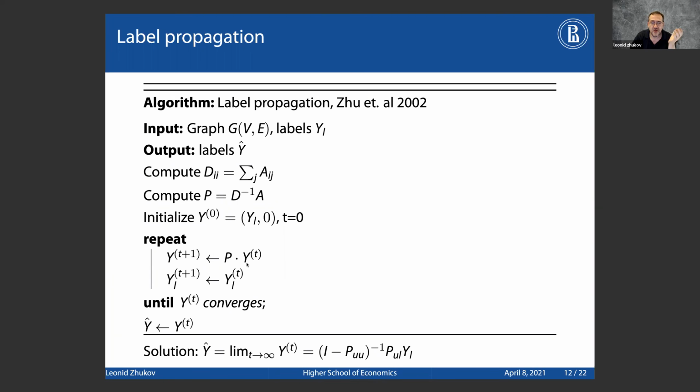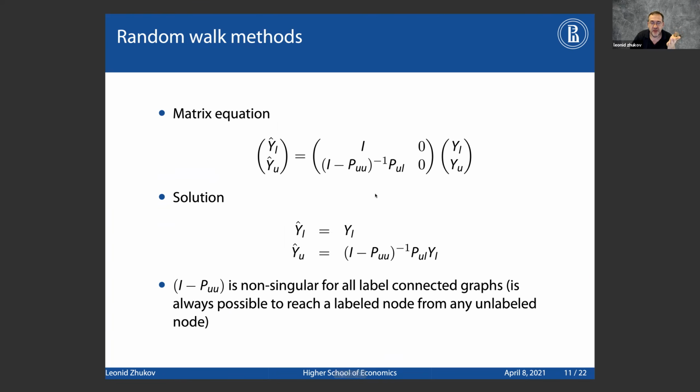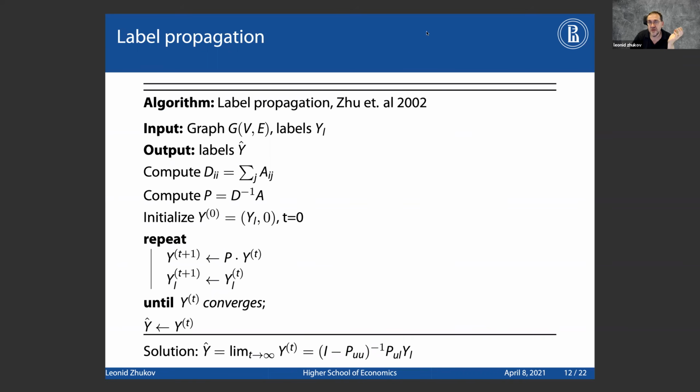The idea is you just take literally this matrix equation and you just keep iterating it, right? You go step after step, multiplying this matrix by the right-hand side and updating the right-hand side. And if you do this, as we have seen, it is guaranteed to converge to this value.